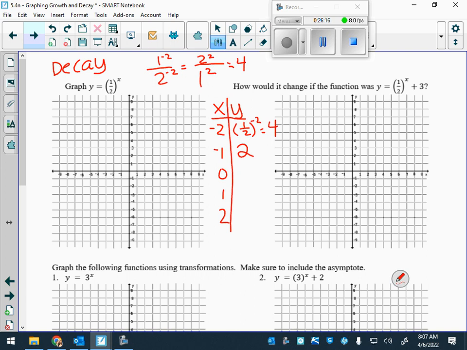Just 1. 1/2 to the first. 1/2. 1/2 squared is 1/4. Okay. So -2, 4. -1, 2.